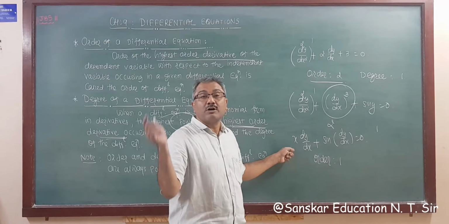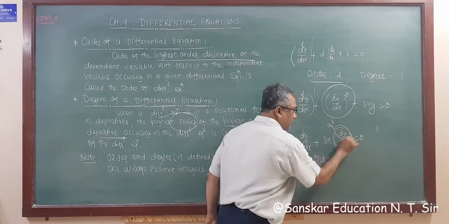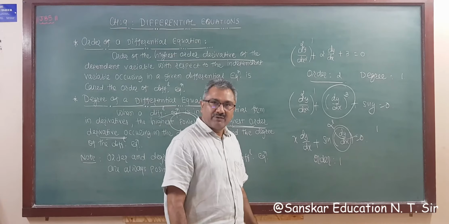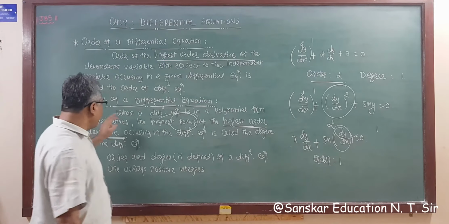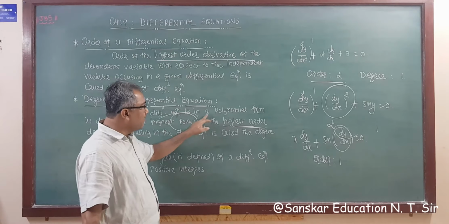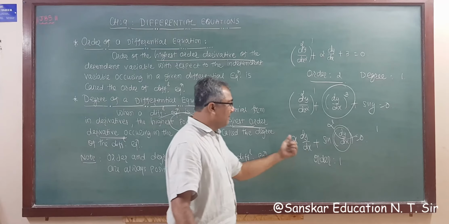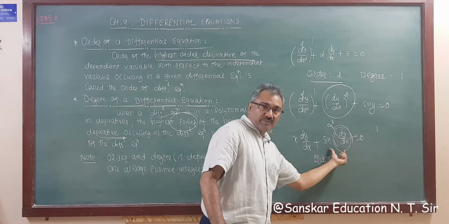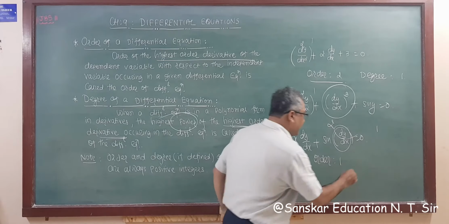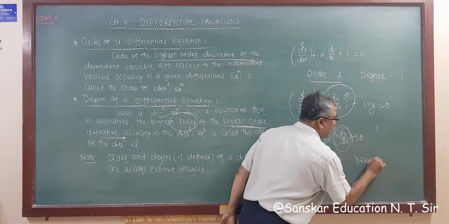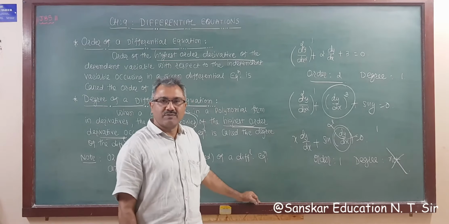But this is not a polynomial in derivatives because the derivative is inside the sin. So this is not a polynomial in derivatives, so degree is not defined here, right?